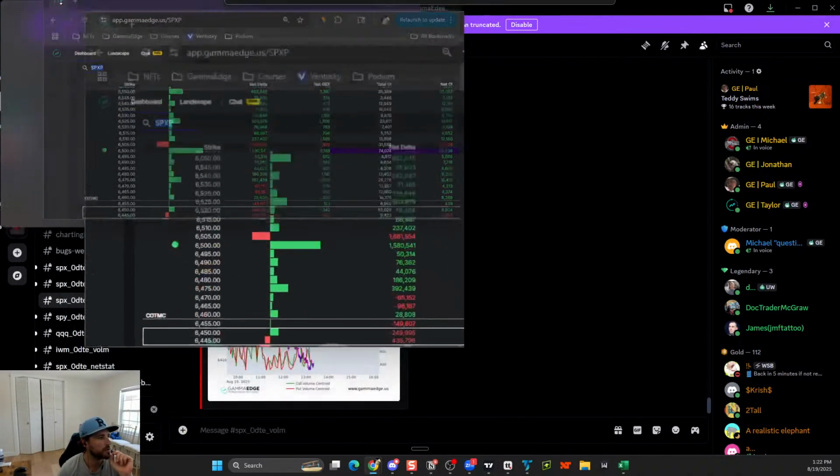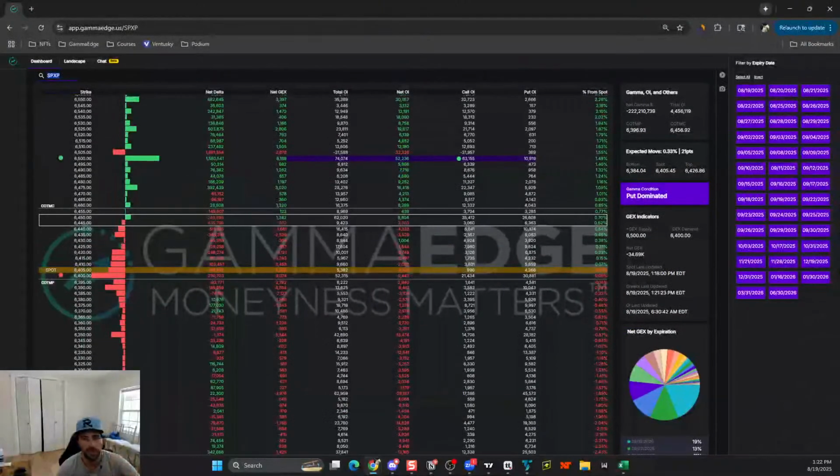go eat some lunch. So yeah, looking at the SPXP complex right now, starting to become a lot more put dominated, just in the nature of how price action is flipping the moneyness of the options. Obviously, 6,400 is going to be a very important level for us to monitor.